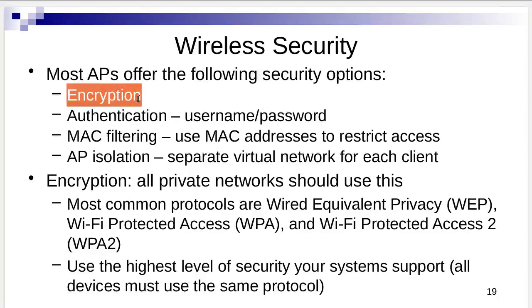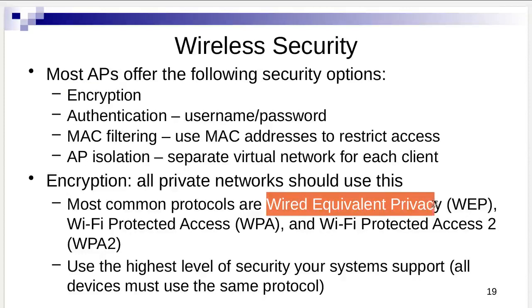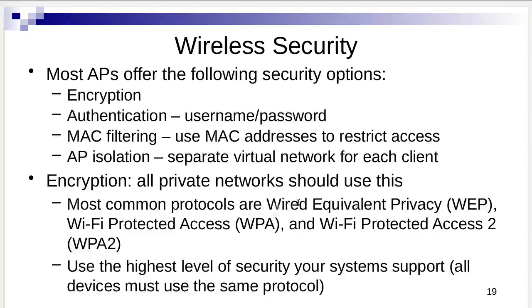Right now some of the more common things are to use no encryption, or there are still networks that do that, or it turns out about half of all Wi-Fi networks use this old protocol called WEP, Wired Equivalent Privacy, which is actually broken. So you can decrypt messages that are encrypted using the WEP protocol.